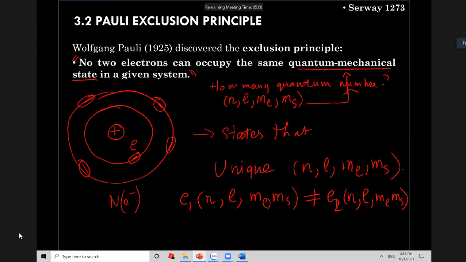The combination of four quantum numbers for each electron is unique, not the same as a second combination. Is it clear for you, class?